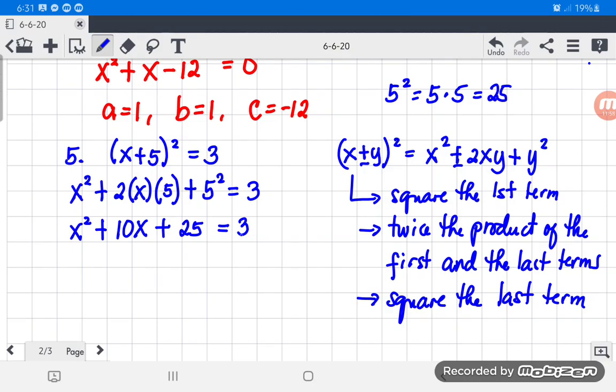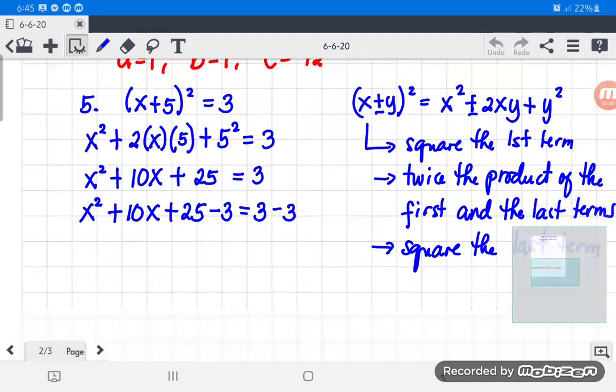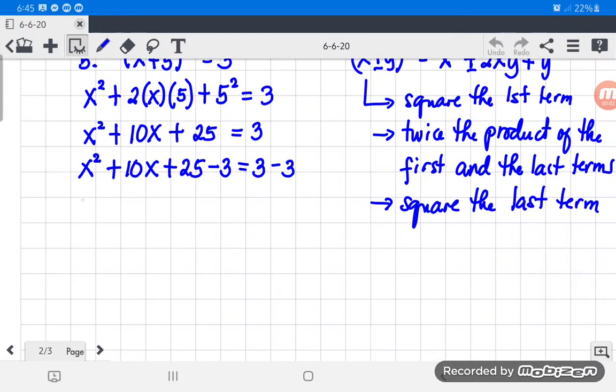Next, again, make the right side of the equation 0. So you have to make use of the subtraction property of equality. We have x squared plus 10x plus 25 minus 3 equals 3 minus 3. Okay, let's continue. We have x squared plus 10x, 25 minus 3, that is 22, then equals 0.